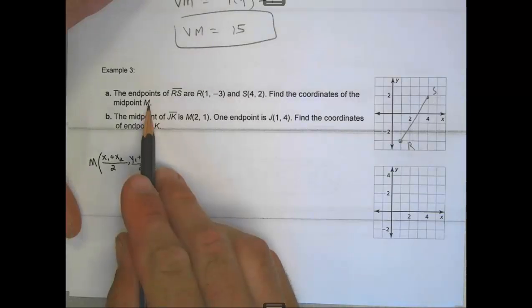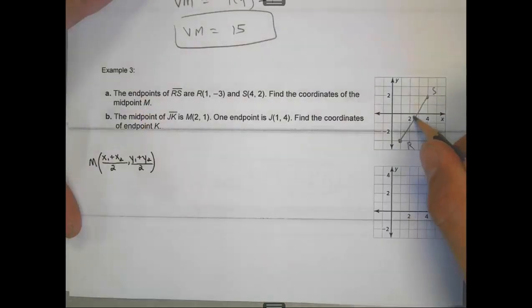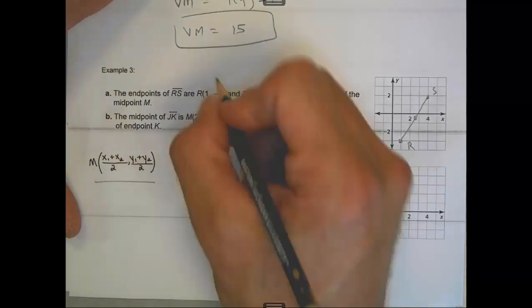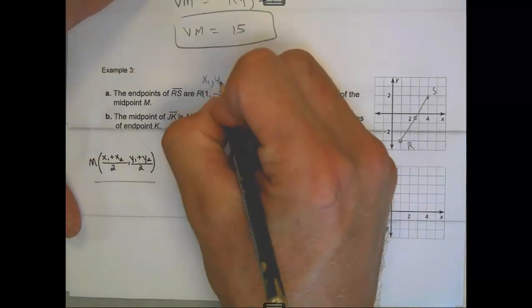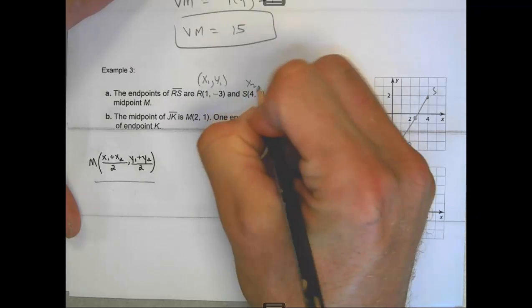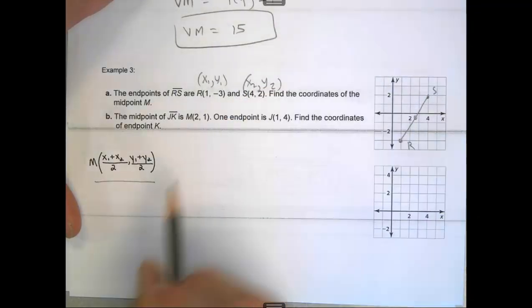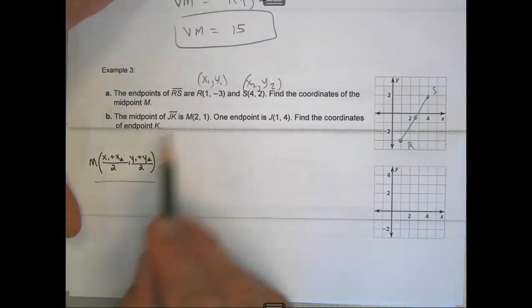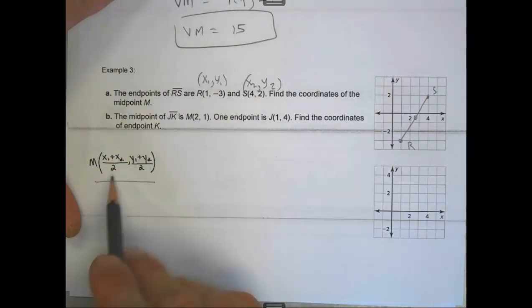And they want us to find the coordinates of the midpoint. So the coordinates of the midpoint are somewhere in between, and to find that we take the average of the x coordinates and the average of the y coordinates, as you see from the midpoint formula. Okay, here's the formula for the midpoint. I'm going to label this x1, y1, and label this x2, y2. You don't need to do that because these are interchangeable. As you know, addition is commutative, but I'm going to go ahead and label them and just plug them in here.